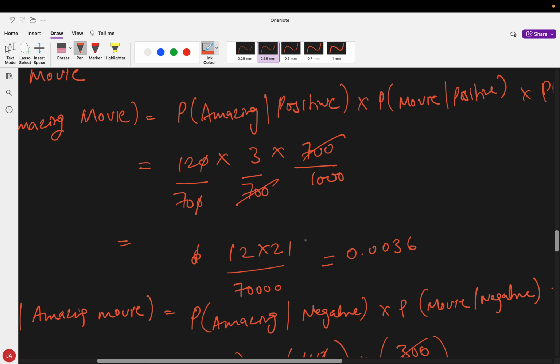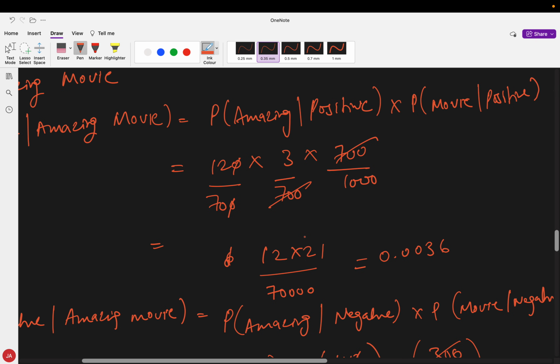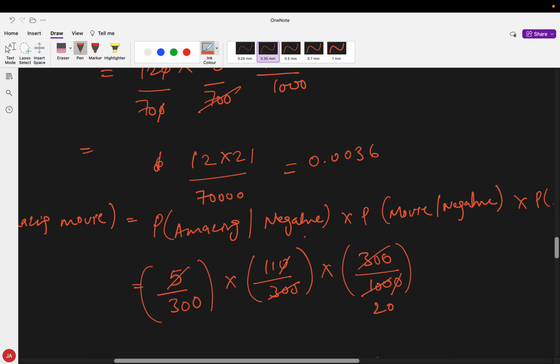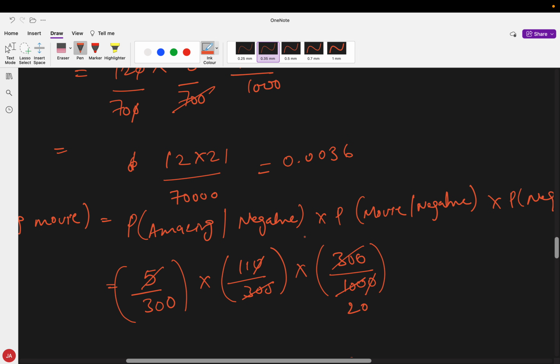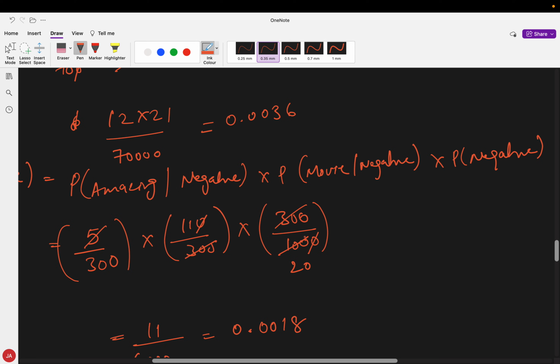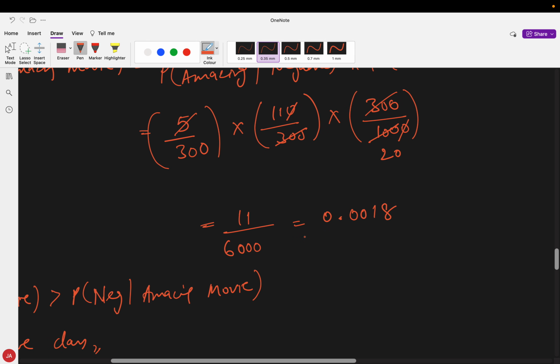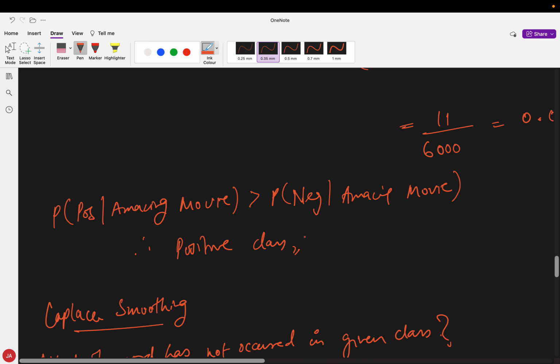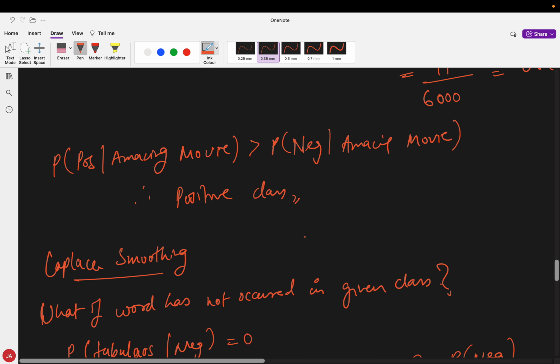So I'm getting 0.0036, and the probability of negative given amazing movie is the probability of amazing given negative times the probability of movie given negative times the probability of negative. I'm getting 0.0018. As the posterior probability of the positive class is higher, my prediction becomes the positive class.